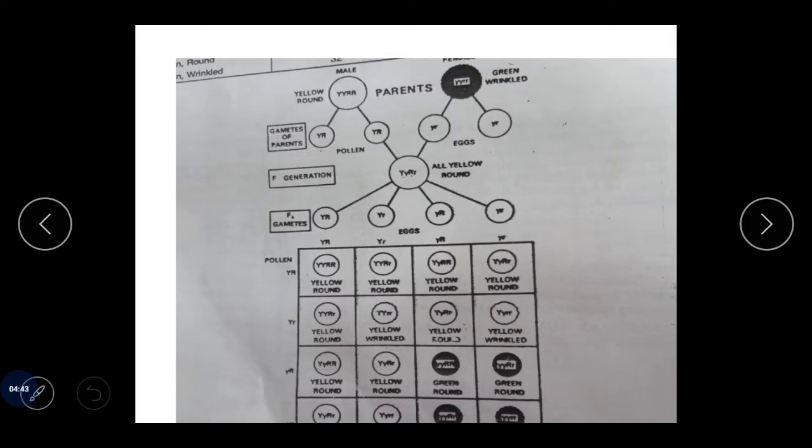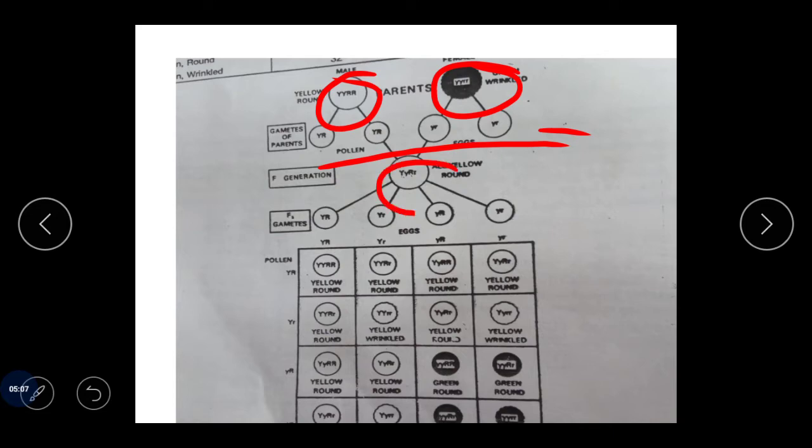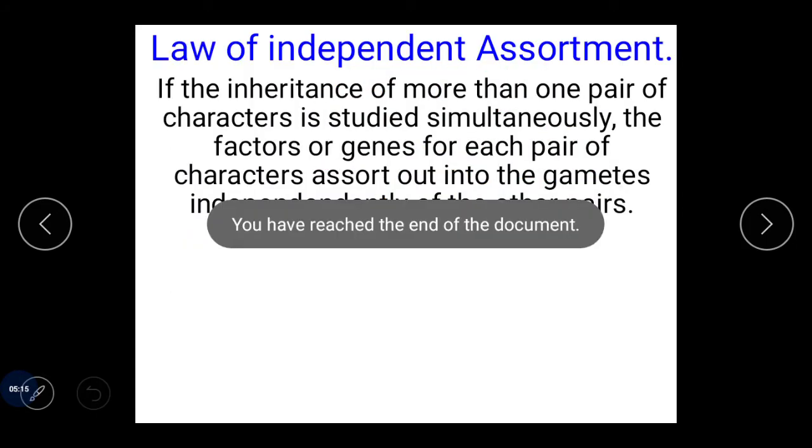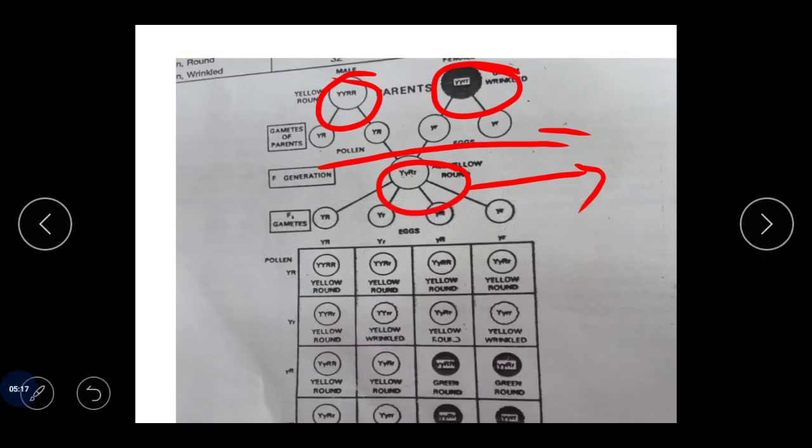There occurs pollination between the plant with round and yellow seeds and the plant with green and wrinkled seeds. Then the gametes were obtained. After the gametes, to his surprise, in the first filial generation, all the plants obtained were round and yellow.